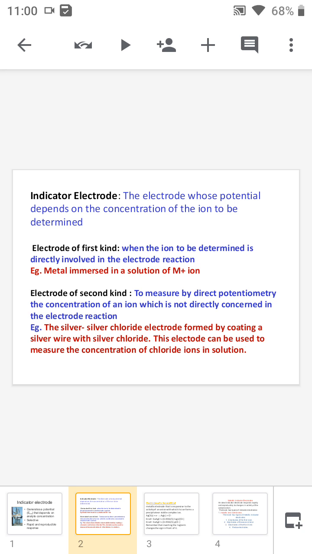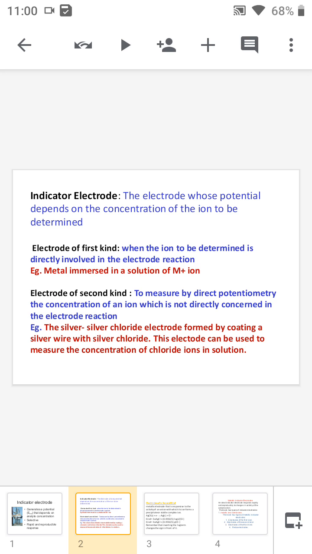For example, how will we measure the concentration of the Cl- ion? For that we make a silver chloride electrode, which is formed by coating a silver wire with silver chloride, and this electrode can be used to measure the concentration of the chloride ion in the solution.